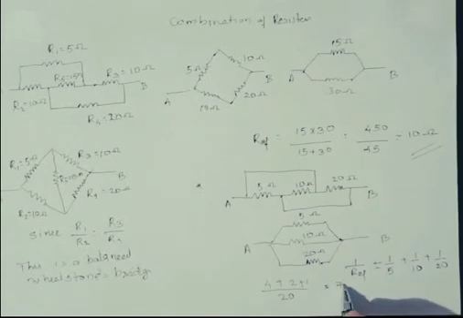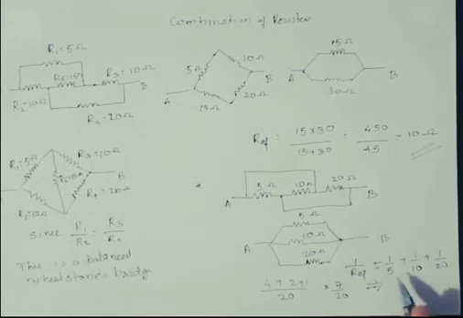So you need to take the reciprocal to get the effective resistance. Therefore, R effective will be the reciprocal of this quantity, that is 20 upon 7 ohm.